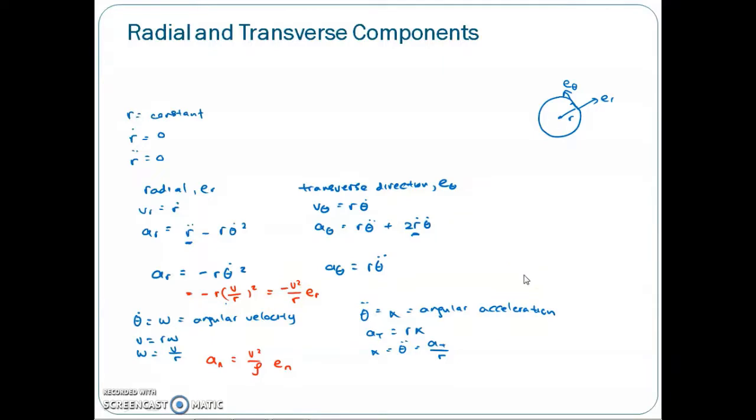On the other hand, for our transverse direction acceleration, we have R theta double dot, which is our tangential acceleration a_t over R times R. So it's actually equal to our tangential acceleration in this transverse direction.